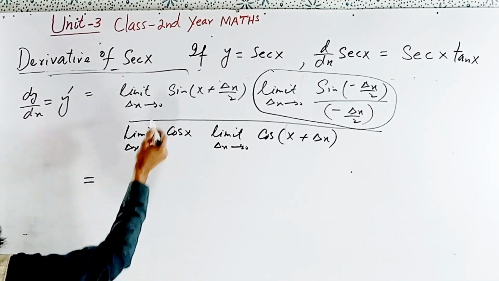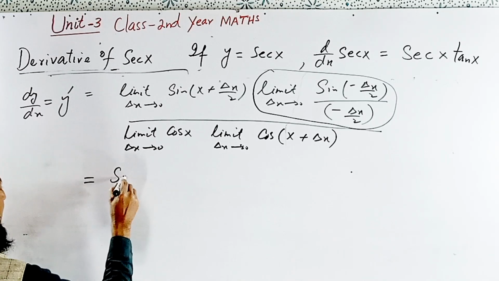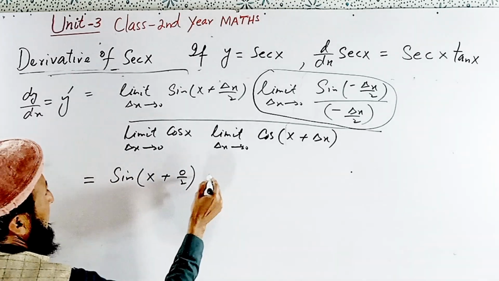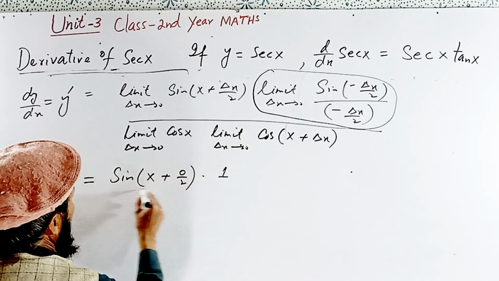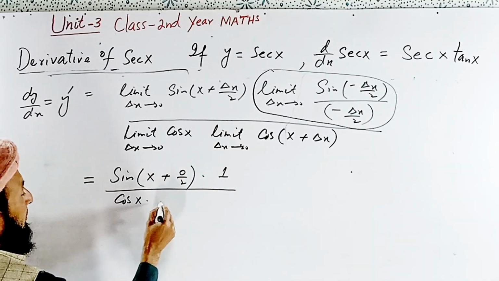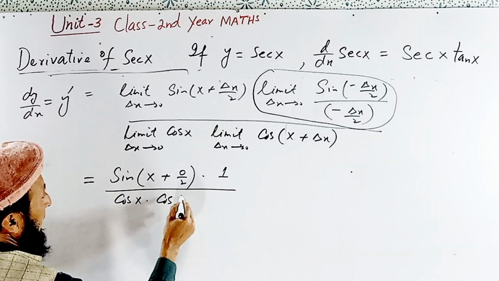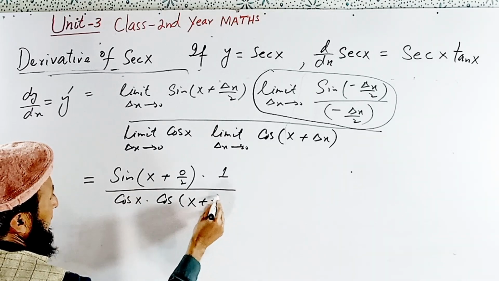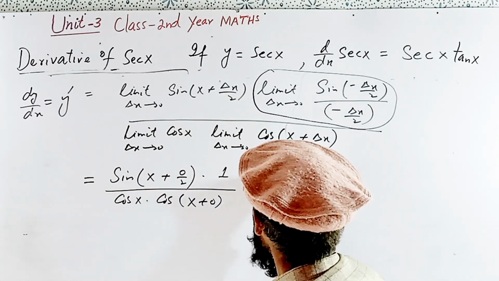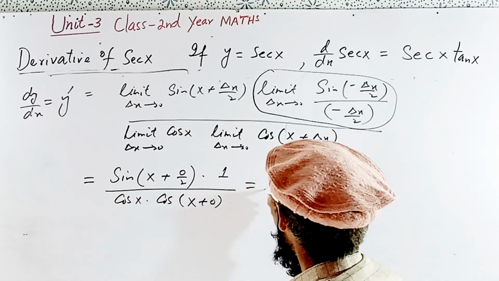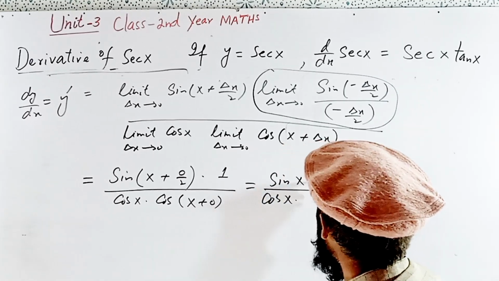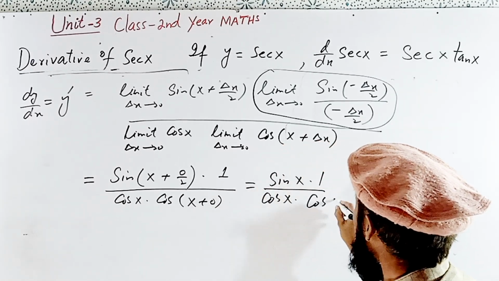Now we substitute the result, delta x: sin x plus 0 divided by 2, and here we get 1 divided by cos x into cos of x plus 0. We get sin x and cos x and 1 over cos x.